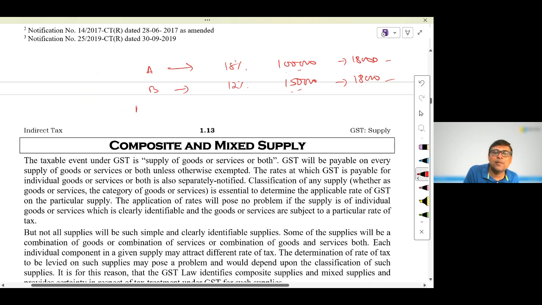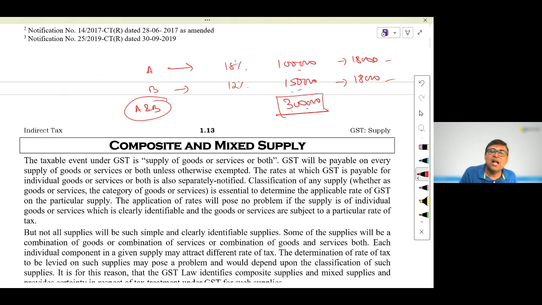What happens if I supply A and B both? That means a bundle has been made and I'm supplying this bundle for, say, rupees 3 lakh. I am charging a single price of rupees 3 lakh for supplying both A and B. The question arises at what rate it will be taxable. Is it 18% or is it 12%?